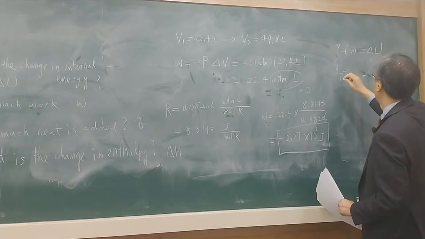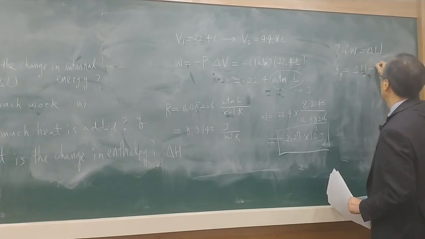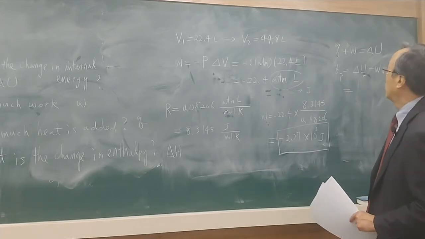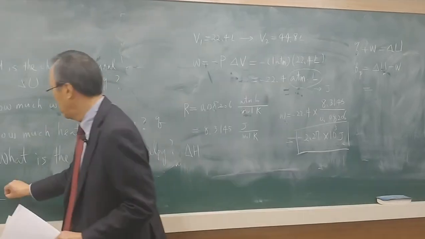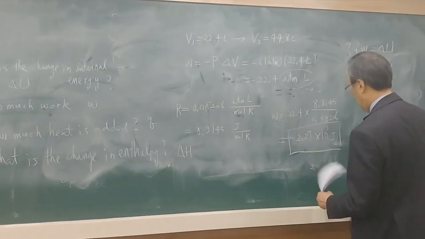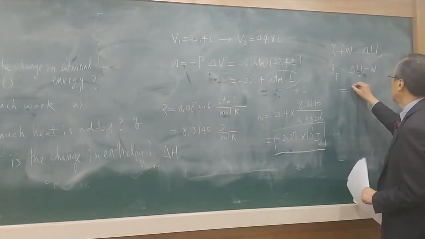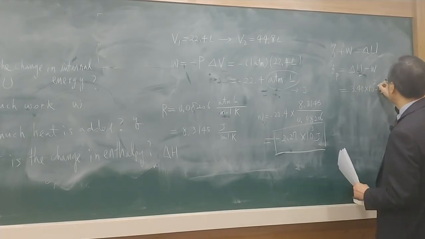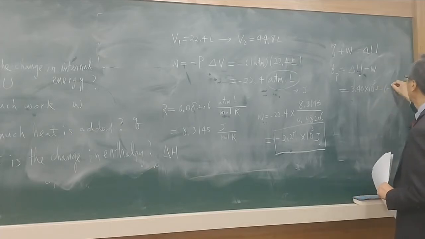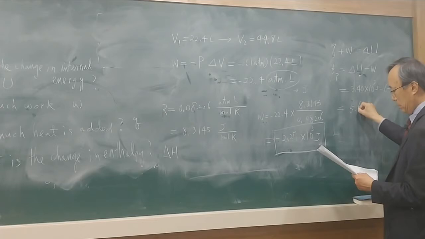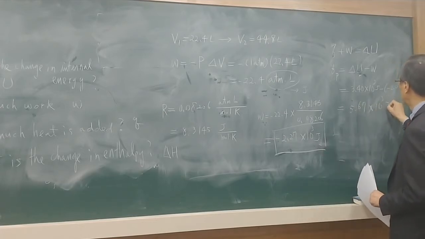QP equal delta U minus W. So we had delta U equal 3.40 times 10 to 3, and W equal here. So we have 3.40 times 10 to 3 joule minus minus 2.27 times 10 to 3. This is equal 5.67 times 10 to 3 joule.